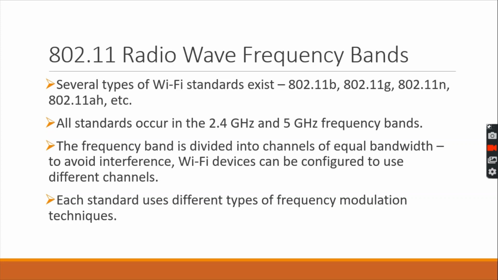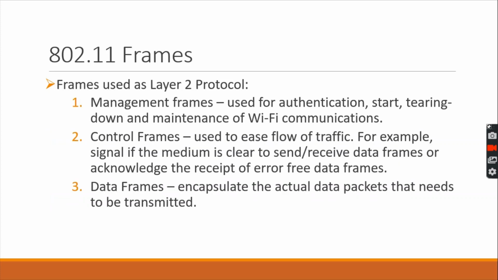All standards occur in the 2.4 GHz and 5 GHz frequency bands. The frequency band is divided into channels of equal bandwidth. To avoid interference, Wi-Fi devices can be configured to use different channels. Each standard uses different types of frequency modulation techniques.